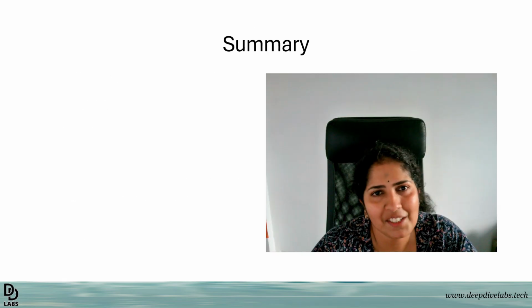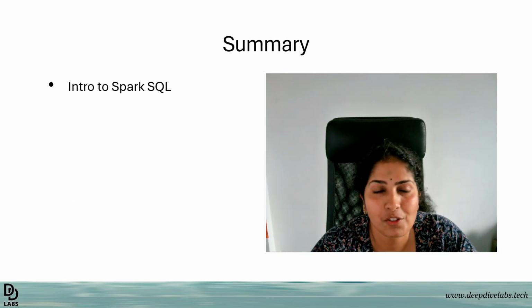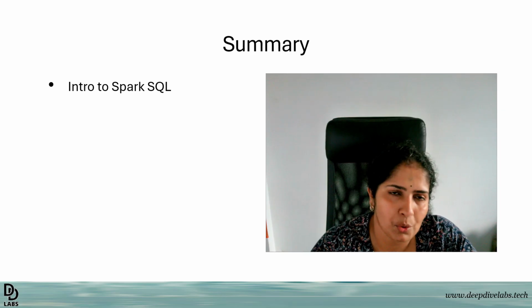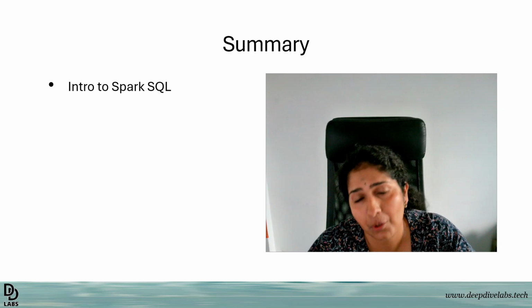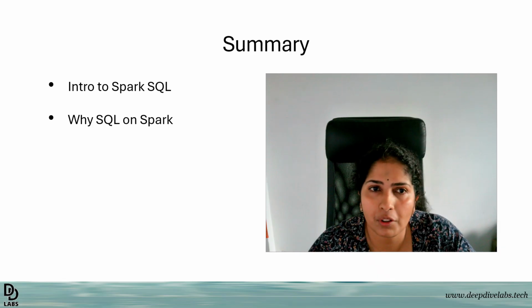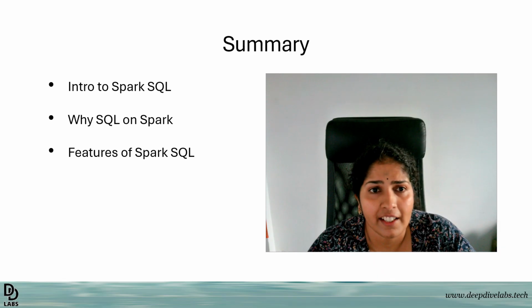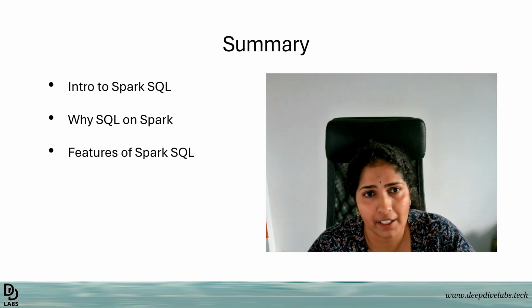So let's summarize what we have learned in this module. We got introduced to Spark SQL, which is one of the 4 main libraries that sits on top of the Spark core engine. We also talked about why SQL on Spark, right? Some of the features of Spark SQL.